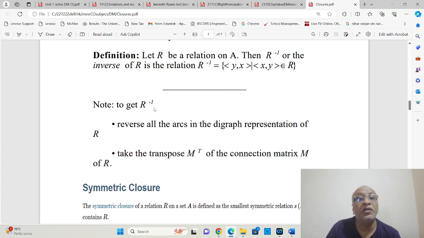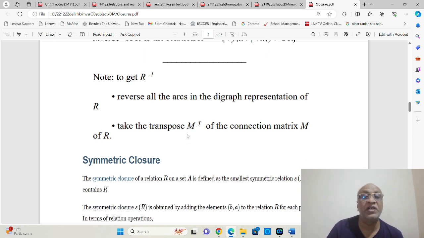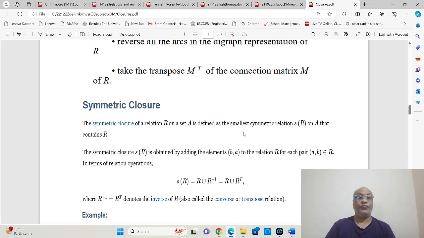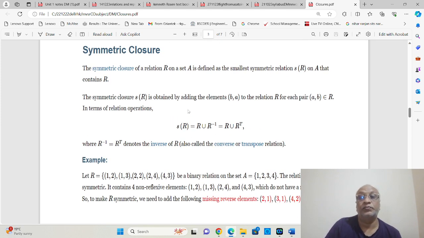How do I take the inverse of a relation? I need to reverse all the arcs in the digraph, or if it is matrix representation, I need to take the transpose of the matrix. So I obtain the symmetric closure by adding (b, a) to the relation R for each pair (a, b) which belongs to the relation.